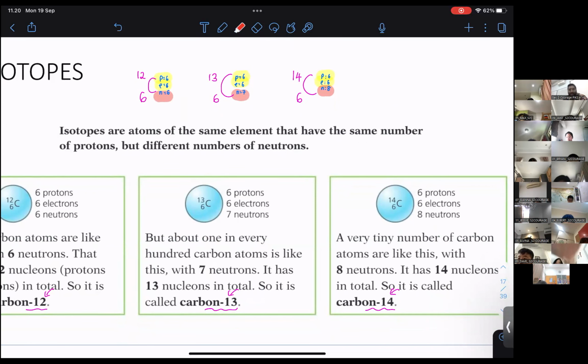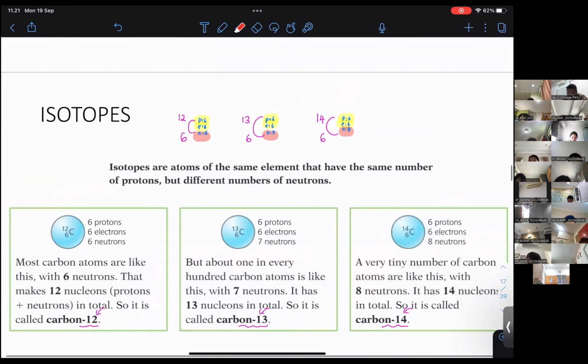Now my question is, I mentioned to you earlier that chemical property depends on the electrons. Naomi, do you think that isotopes have the same chemical property or different chemical property?